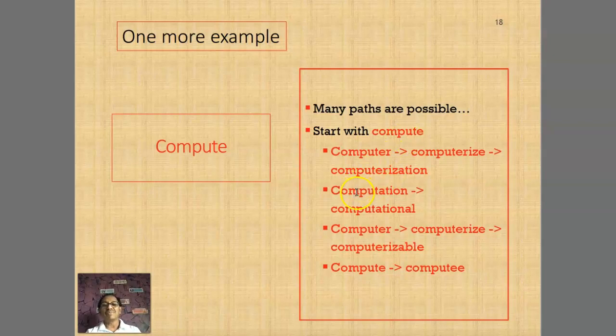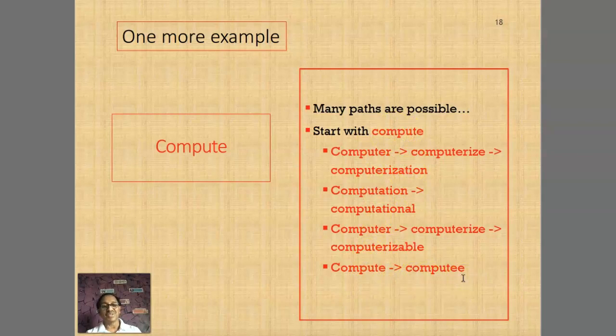Compute can also become computation, with the meaning calculation. It can become computational, an adjective. So verb to noun and noun to adjective. Or compute may become computer, a noun, computerize, a verb, and then verb to adjective, computerizable. Computational is different from computerizable, though both are adjectives. Both are derived from the same verb. Compute can also become computee.